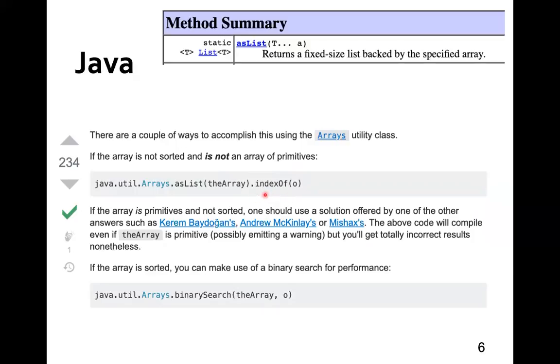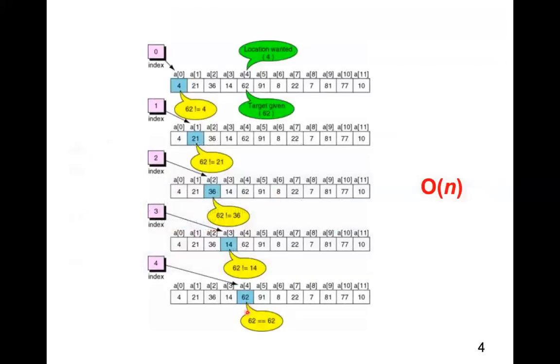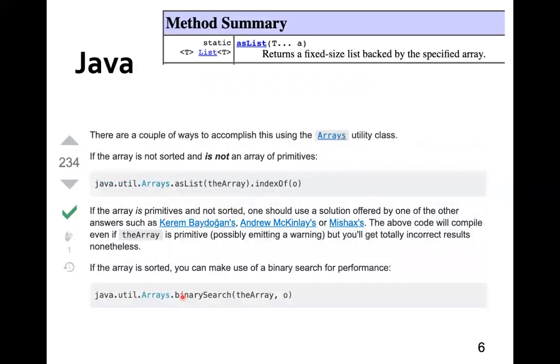Java has no pointers, so everything is a pointer, right? And so indexOf, basically, C++ will return you a pointer to this element, right? A plus 4. Java will just return you 4, okay? It's a relative location. Java has no address concept. It's hidden everywhere. It's used everywhere, but it tries to hide it from you. It just makes things more confusing. That's why I don't like Java, right?